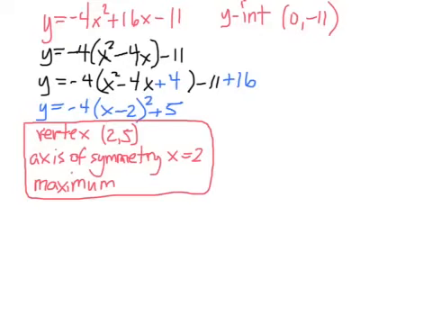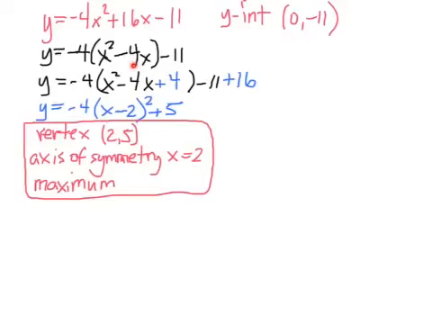Here's another example. y equals negative 4x squared plus 16x minus 11. We definitely know now that the y-intercept is (0, negative 11). Now I'm going to factor out a negative 4 so I can make this x squared part of a perfect square trinomial. That leaves me with negative 4 times, in parentheses, x squared minus 4x, and then minus 11.